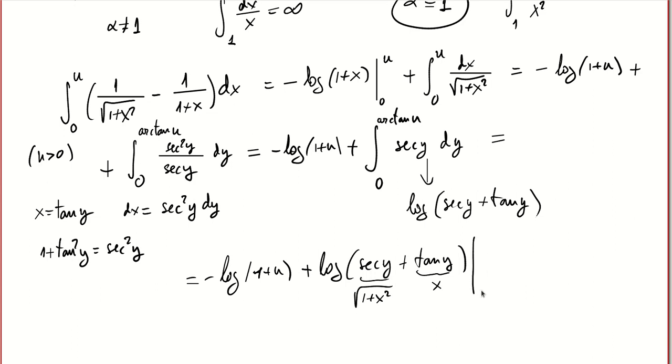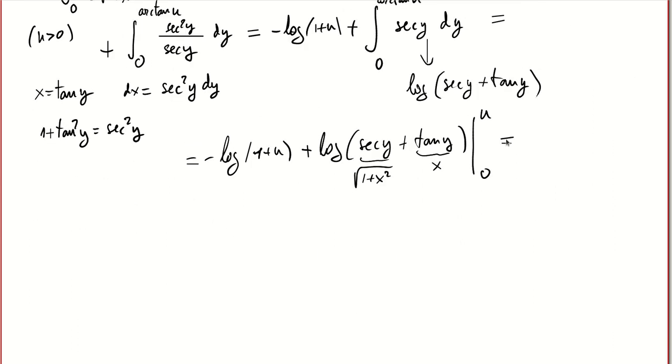And we have to substitute between 0 and the arctangent of u. No, sorry, if we recover the original variable, we don't have to do that. This is just u.